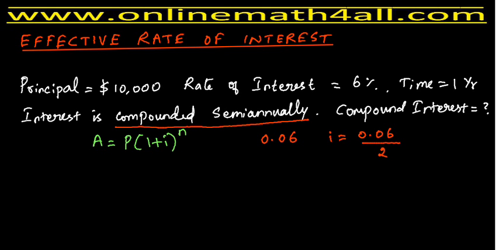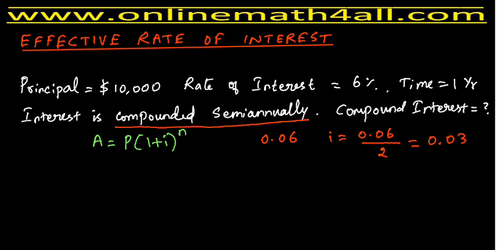If interest is compounded quarterly, we'll have 4 quarters in a year, so we'll divide 0.06 by 4. If it is compounded monthly, we'll divide by 12, because we have 12 months in a year. So that is why we divide 0.06 by 2, since interest is compounded semi-annually. Okay, so now we got the value of i. So we divide 0.06 by 2, we get 0.03.